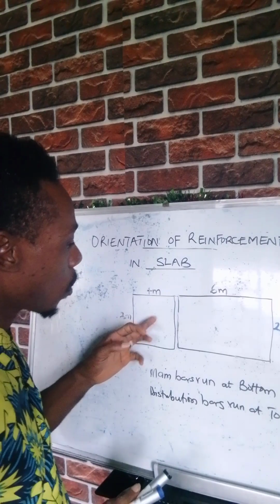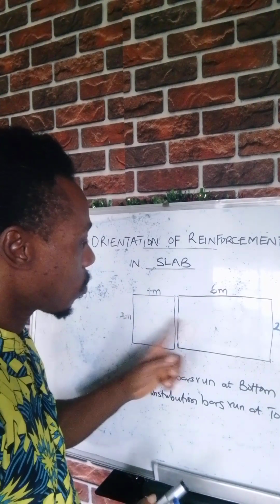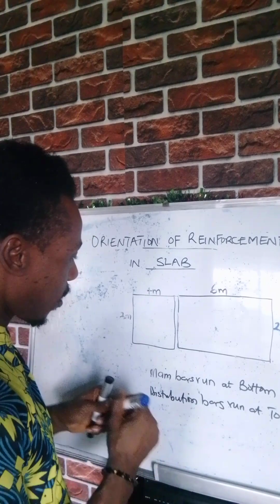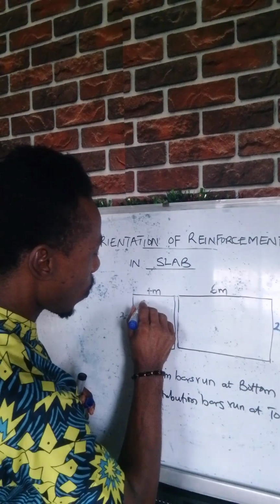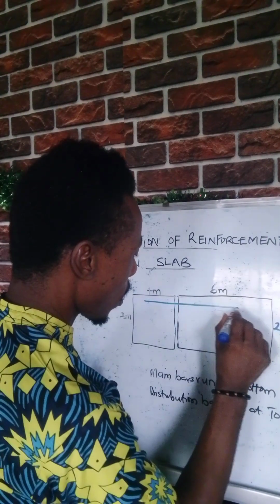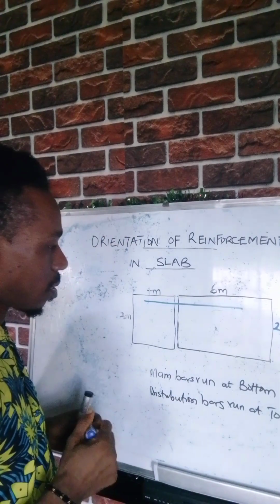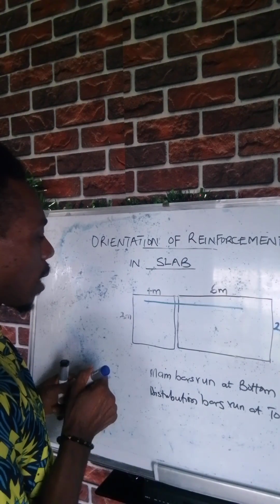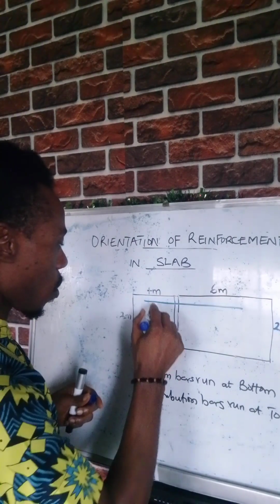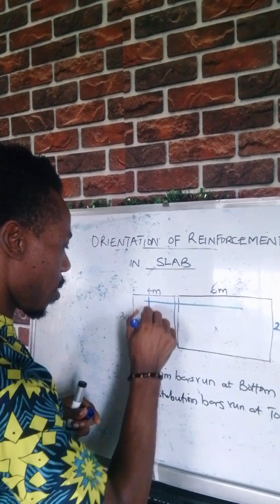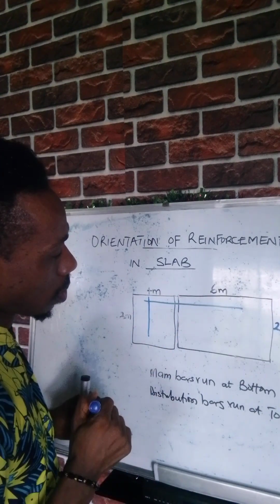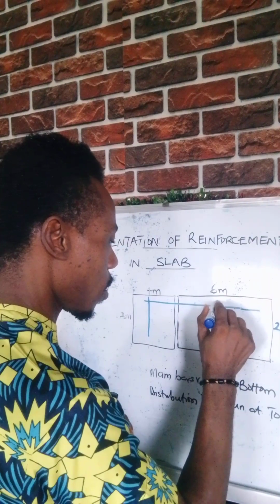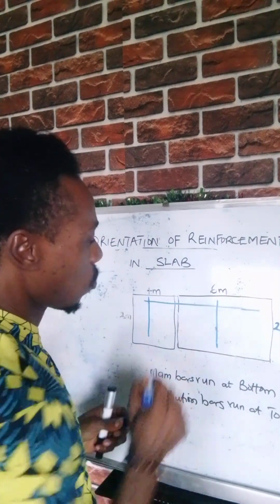When we want to run reinforcement for these two panels, you can decide to run a bar across this way, and you can also run this one this way.